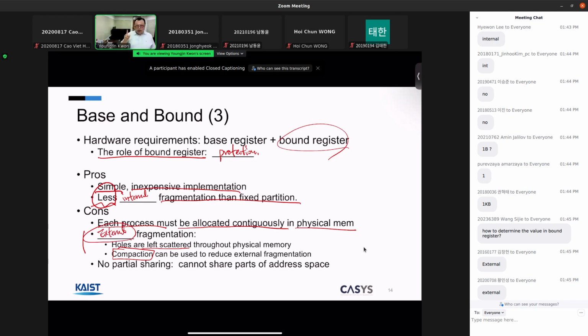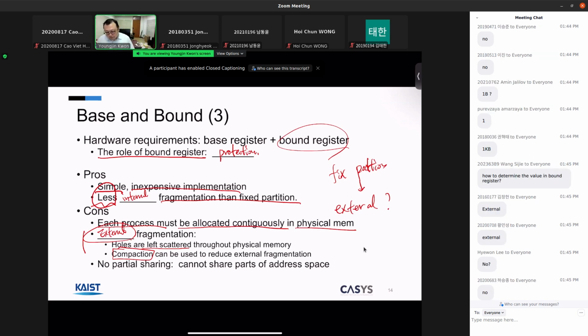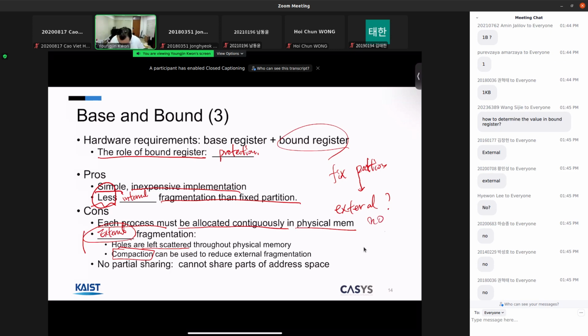Now, fixed partition: does it cause an external fragmentation problem? No. Why?